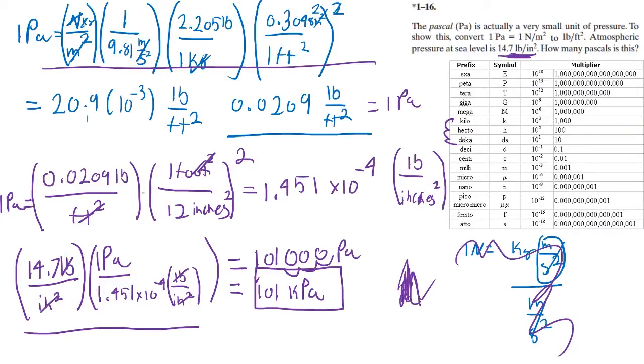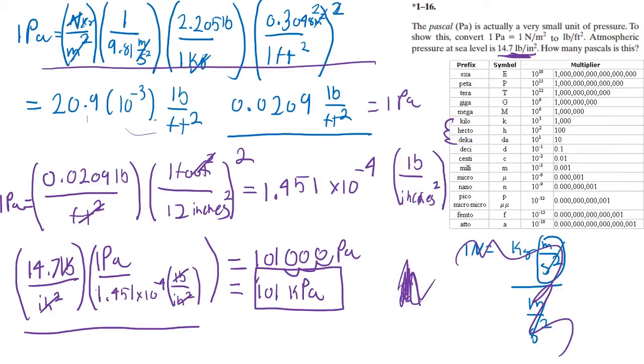To recap, we took 1 Pascal. We know that a Pascal is a force over an area. We divided the force by its gravitational acceleration, turning it into a kilogram. We then converted kilograms to pounds, and we converted our length unit of meters into feet through a simple conversion, squaring them both to make area.